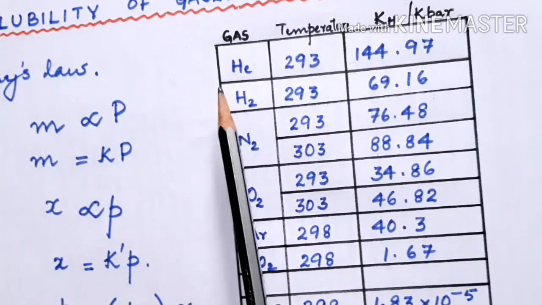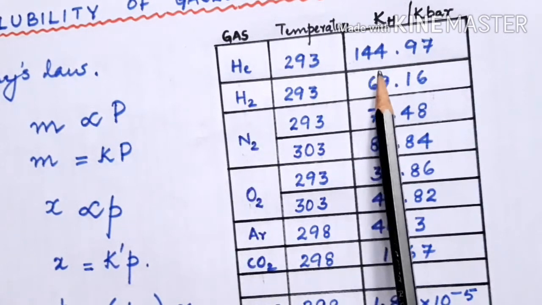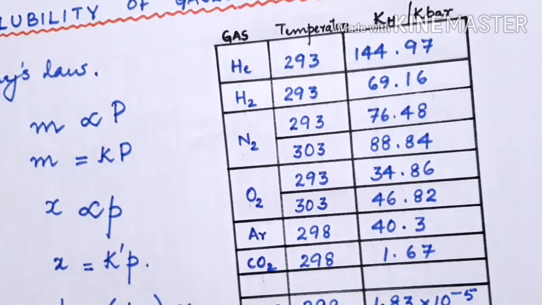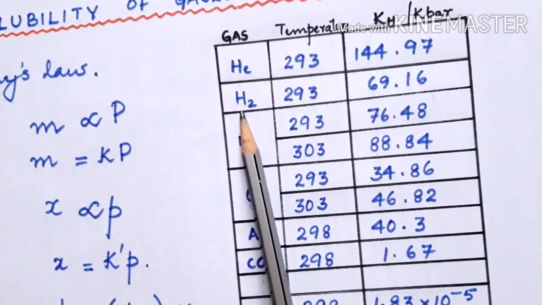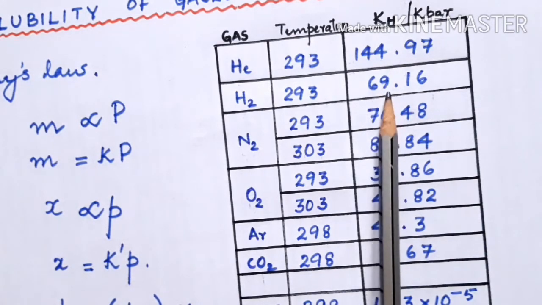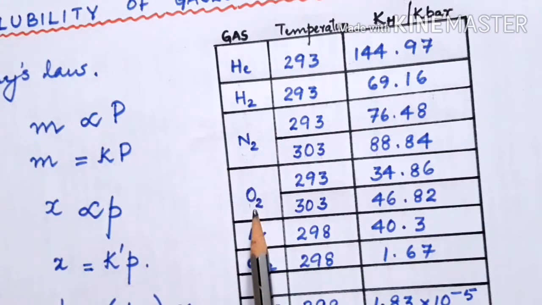On comparison, you find that helium is having a very high value for KH. What does it mean? When KH value increases, the x value should decrease. That is, solubility of helium is much lesser compared to that of hydrogen. Hydrogen is having a lower value compared to that of helium. Come to nitrogen and oxygen.